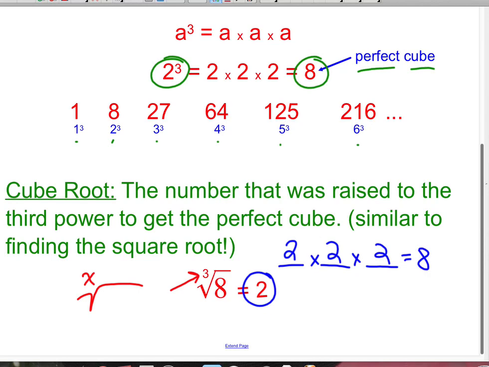But if it just has an x, it means you're going to have to enter in your calculator what you want x to be. Then you'll hit the second function, and you'll hit that button. And then you'll hit the number 8. And that would find the cube root of 8, and you hit enter, and it would tell you 2.